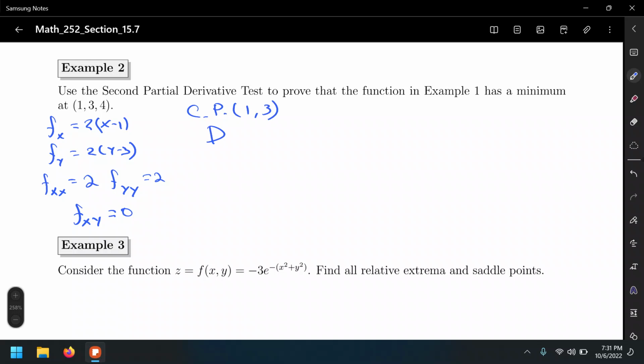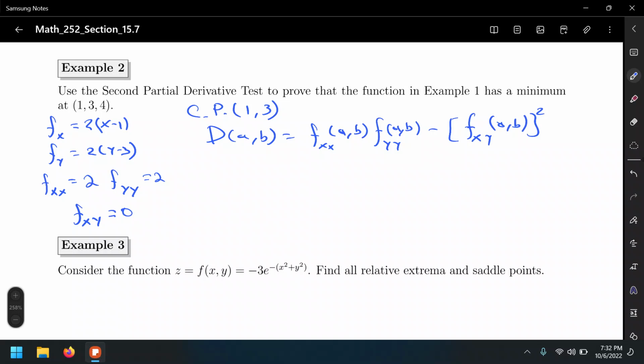So let's evaluate the expression D at (a, b). In this case, that's f double partial with respect to x at (a, b) times the second partial with respect to y, in this case minus the mixed partial, rather, quantity squared.